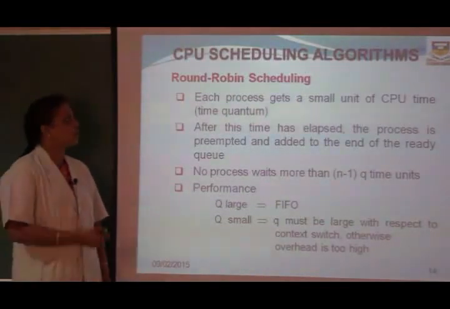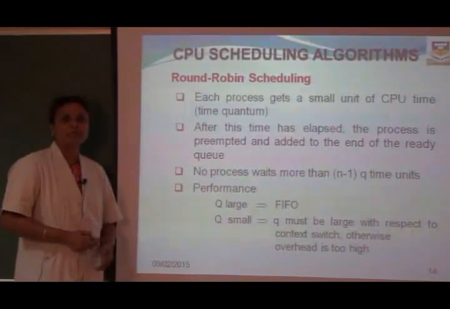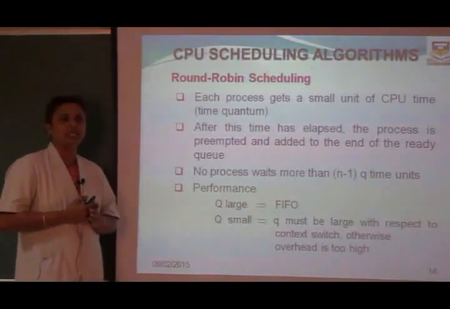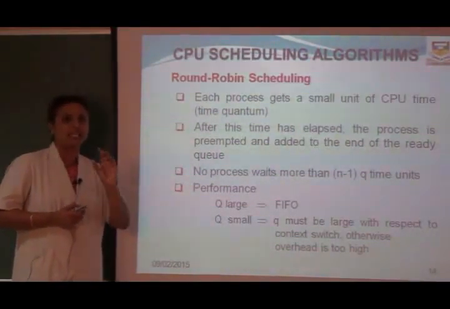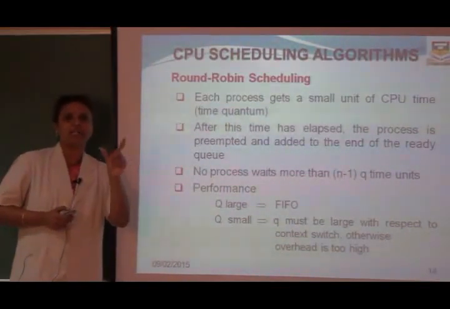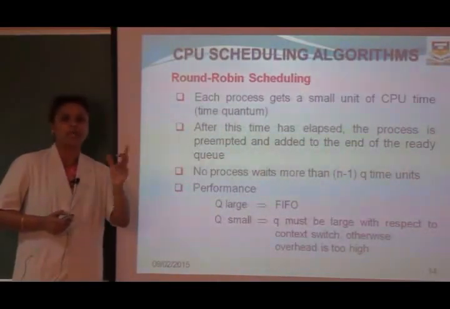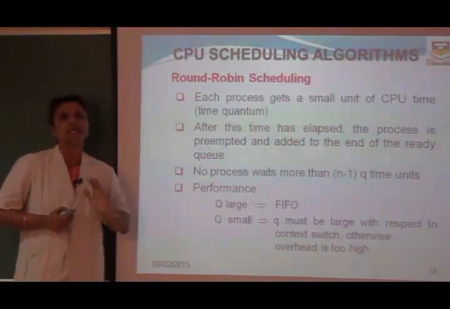The next one is round robin scheduling. In round robin scheduling, a time quantum is given for the CPU. That is, every process gets an equal chance. Every process will be executed for a particular period of time, and processes are taken from the ready queue one by one, in the order in which they arrive.